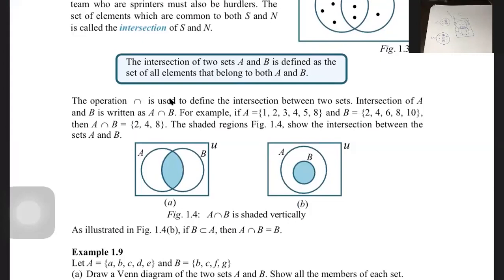Why? Because 2 belongs to both A and B, 4 belongs to both A and B, and 8 belongs to both A and B. Very, very simple. Good. Now let's continue.